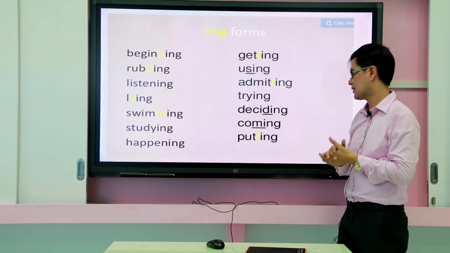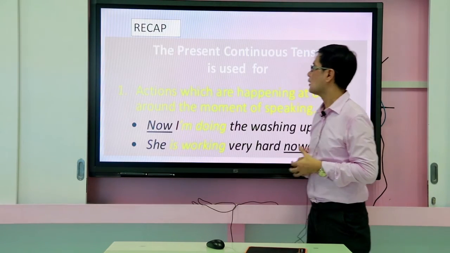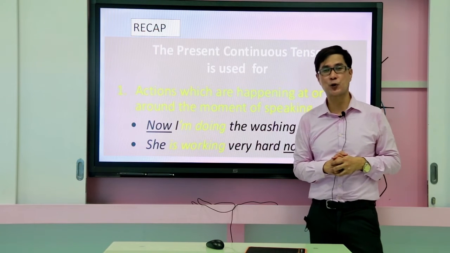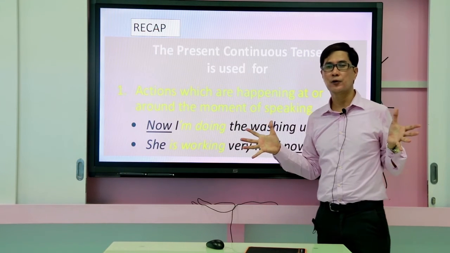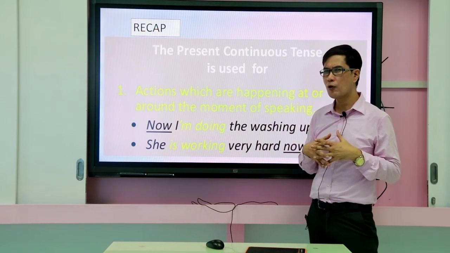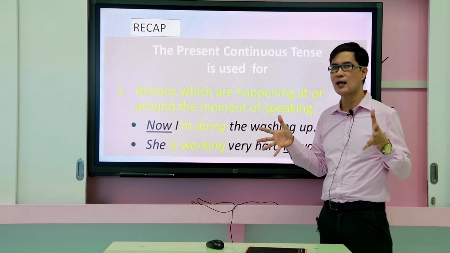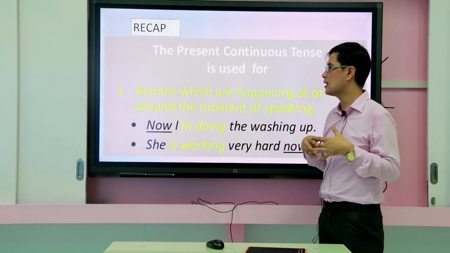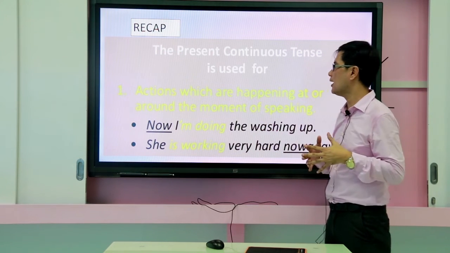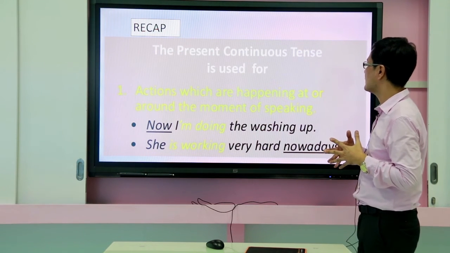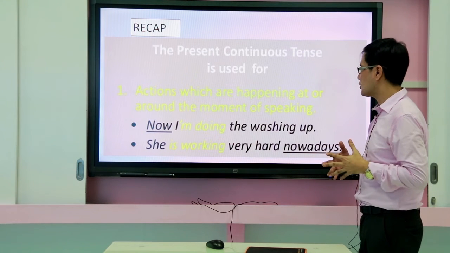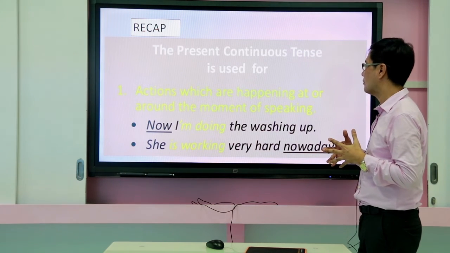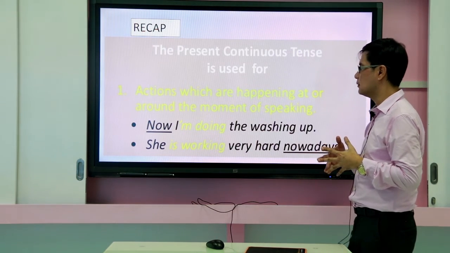Easy? Yes. All right. So let's have a short recap to make sure that what we have discussed today is in your mind right now. The present continuous tense is used for actions which are happening around the moment of speaking.